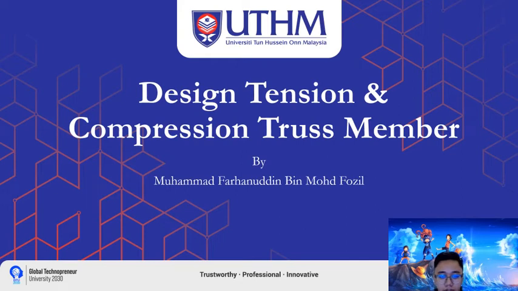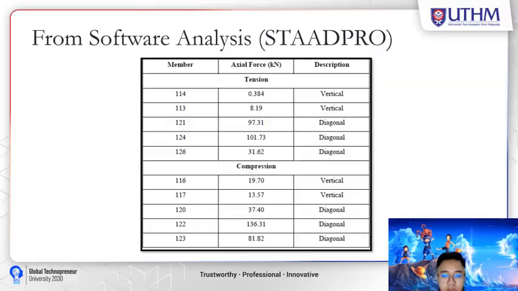Today I will present the design of tension and compression truss members of our project. These are the design results for tension and compression we get from software analysis, which is STAAD Pro. For tension member 114, we get 0.384, vertical. Member 113, we get axial force 8.19, vertical.